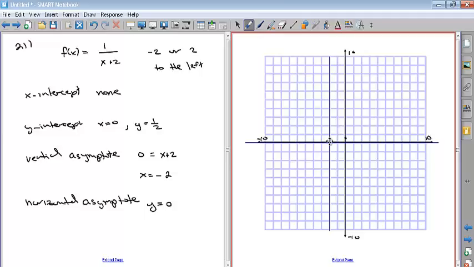And another thing you think about is because it's just a simple 1 over x type function, you could go over 1, up 1. That would give you an additional point here. And you could go over 1, down 1. That would give you that point. So we can draw a pretty good sketch here.